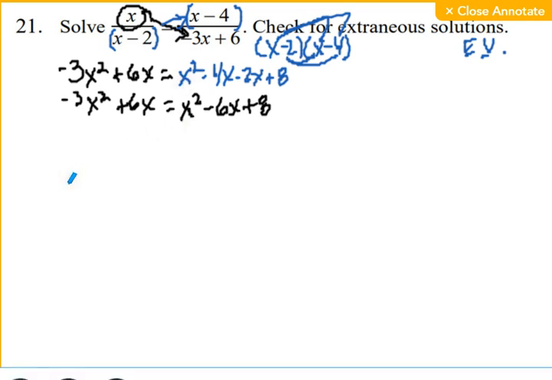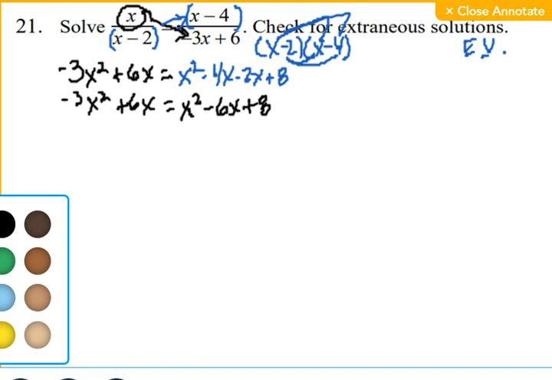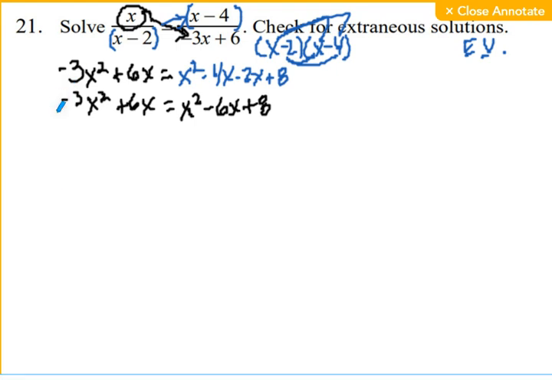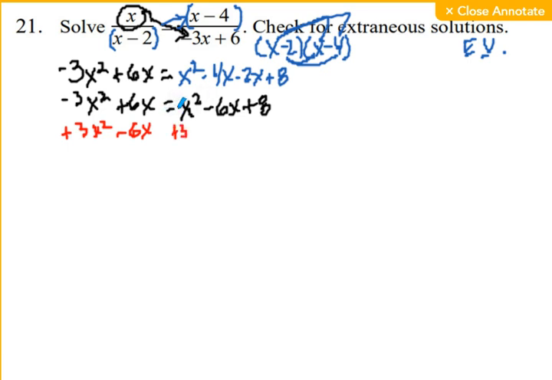So far so good, yes? All right. Since this is a quadratic equation, remember to solve a quadratic, it needs to be equal to what? Bam, Ivan, let's go. You remind me of me in kindergarten. Yes, it needs to be equal to 0. So I'm going to add 3x squared and subtract 6x to each side.